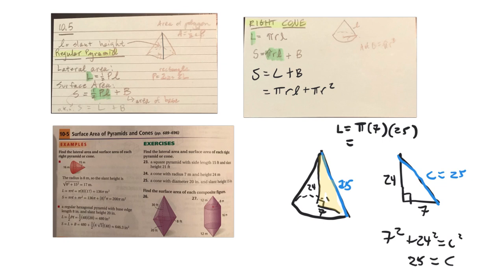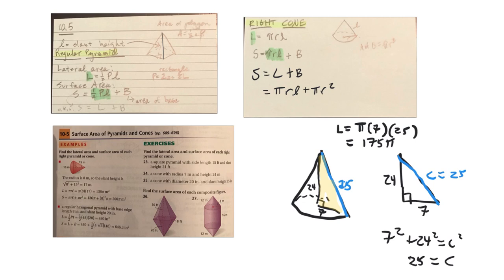And 7 times 25 is 175, so that's just going to be 175 pi. Now, finding the surface area is going to be relatively easy in that we take that number that we just got, right, because we found L, we found pi r times the slant height. It's 175 pi, so we're just going to add the area of the base on top of that.